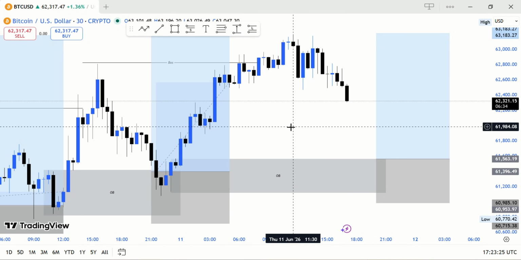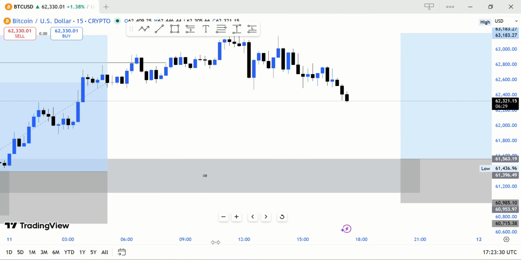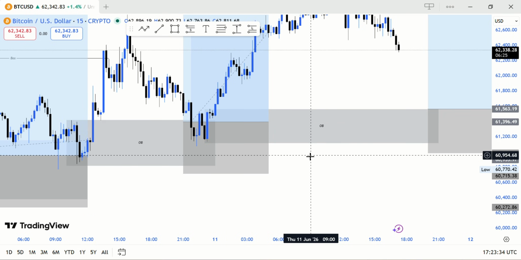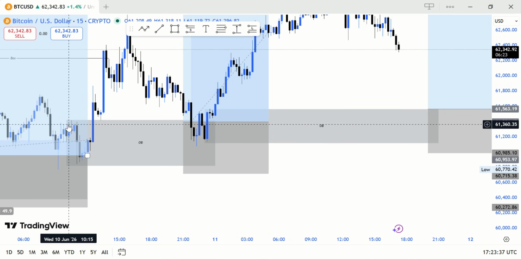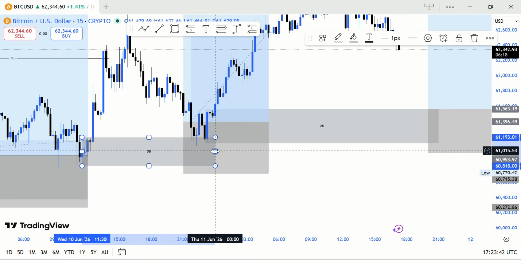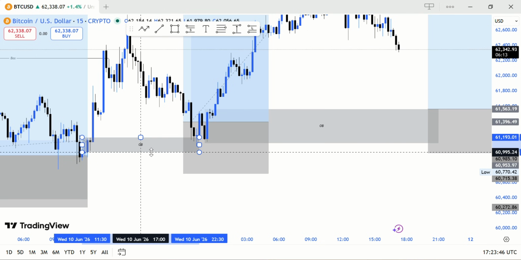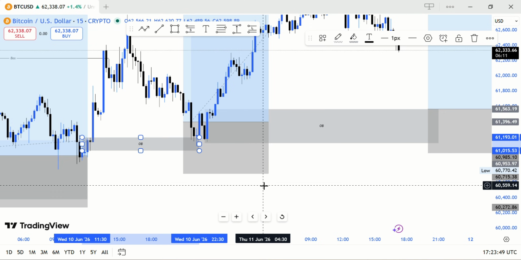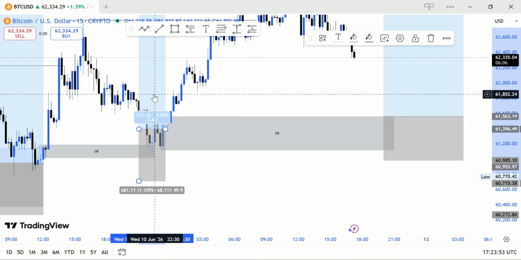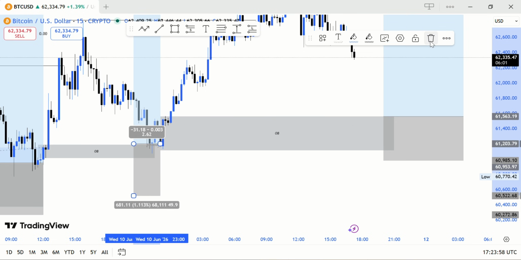So let's go to our execution time frame, which is the 15 minutes time frame, where I wait to execute the market. If you notice, this has to be here. Keep it simple and neat. Remember, this is our order block. Then let me take this to this side, or rather take it off.